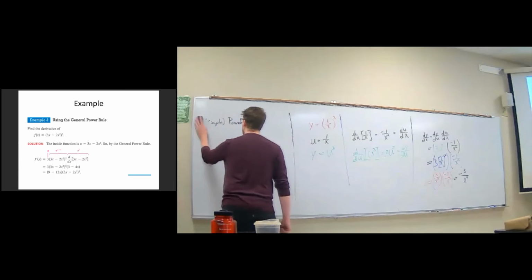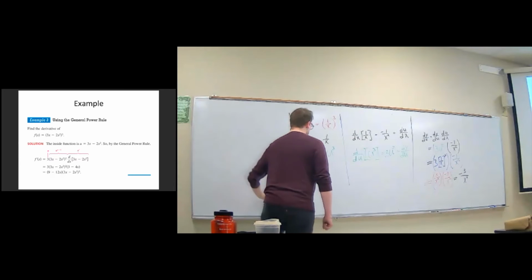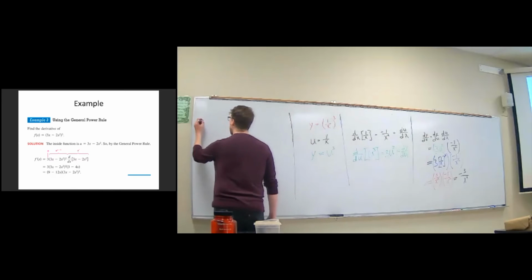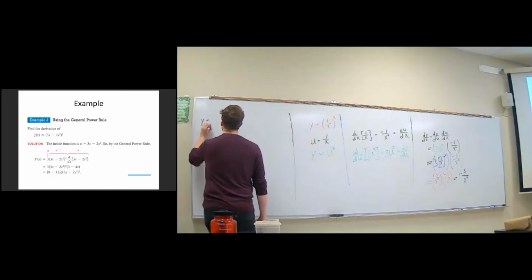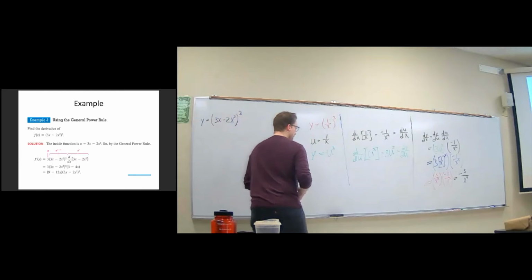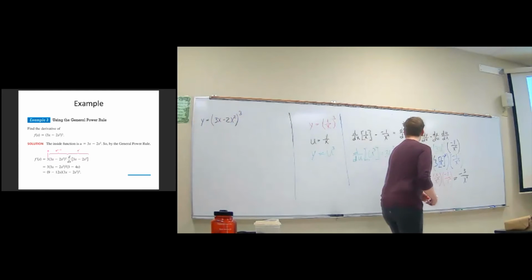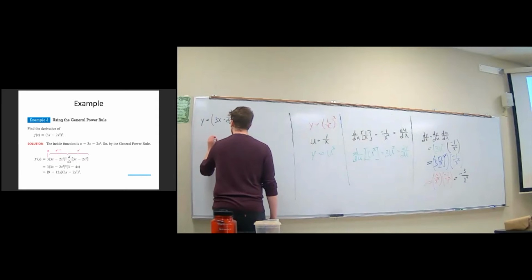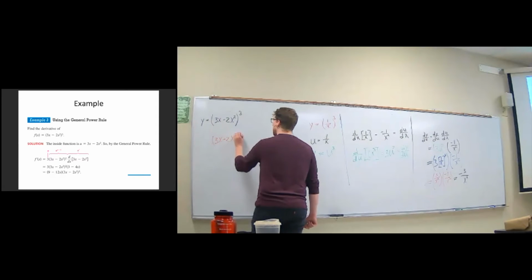I'm going to write everything out here on the board now. So we got y is equal to 3x minus 2x squared raised to the third. Let's set u equal to what's inside.